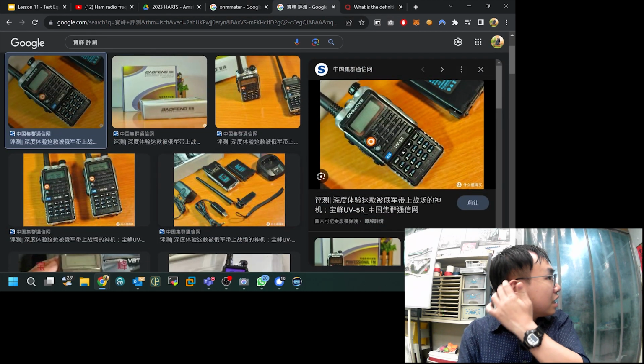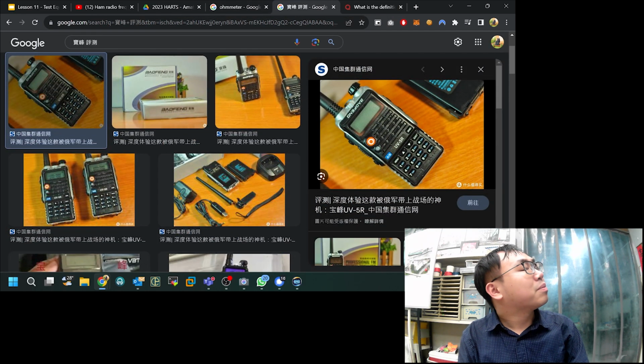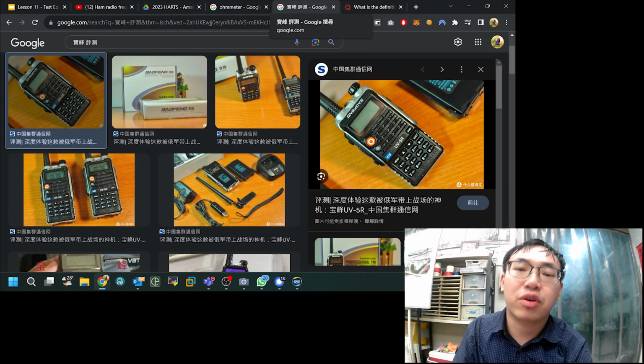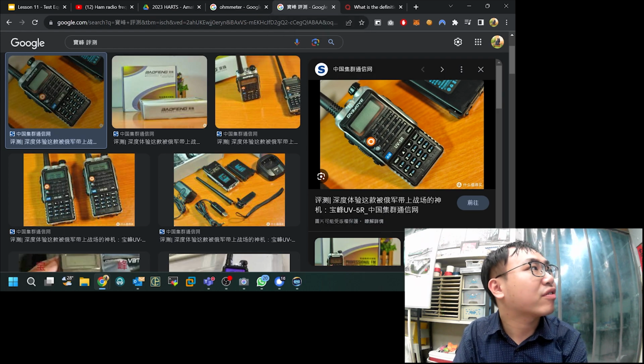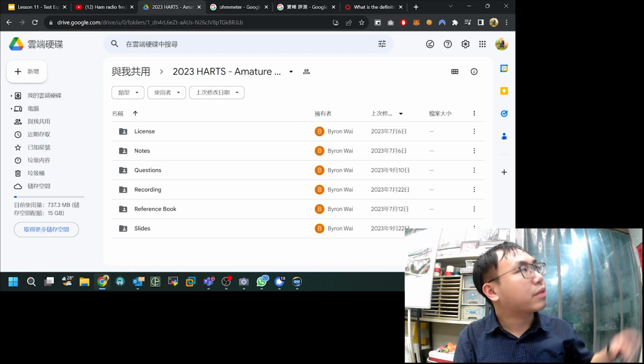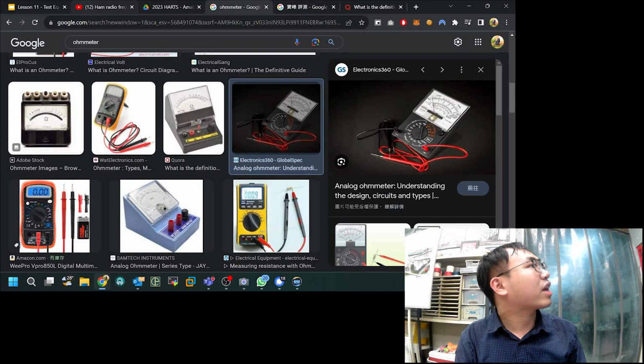The 暴風. Very cheap, but the frequency is not very accurate, and it has weird signals. Let me show you later when I have time, when I have a break.